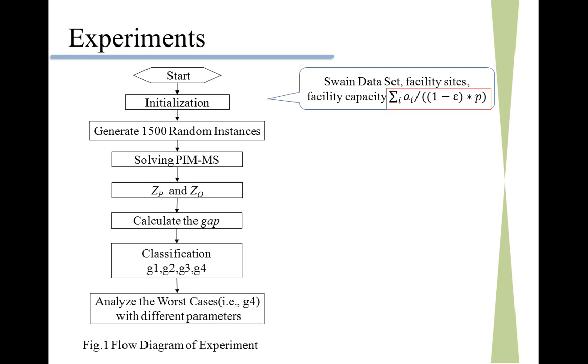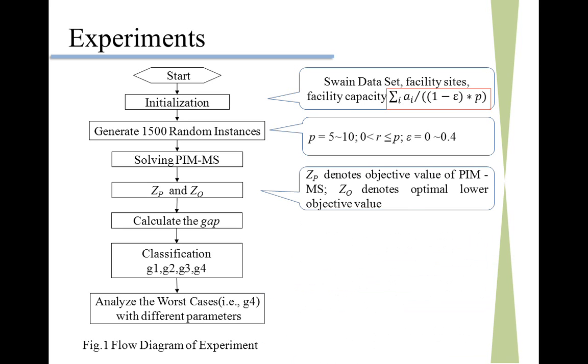Facility capacity is arranged according to the capacity formula, while epsilon is the adjustment factor of facility capacity. 1,500 random instances are generated within the ranges of different parameters.